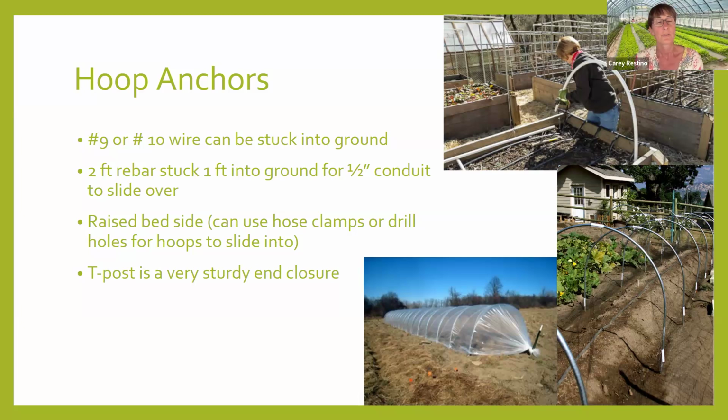I think that the trick to getting the wind issue under control is how you secure your plastic on top. So I've done a zigzag pattern with string. Are there more slides that talk about this?